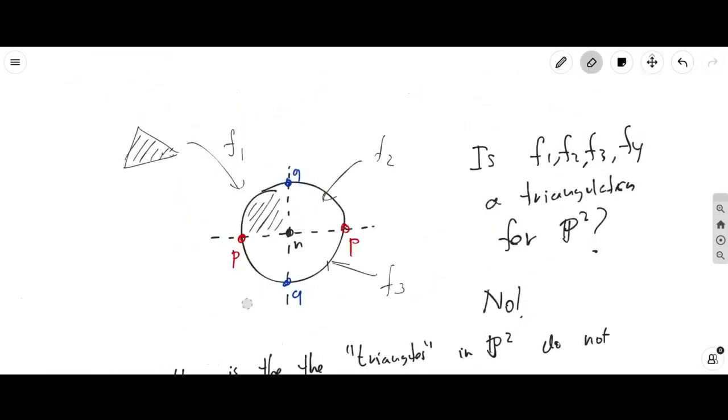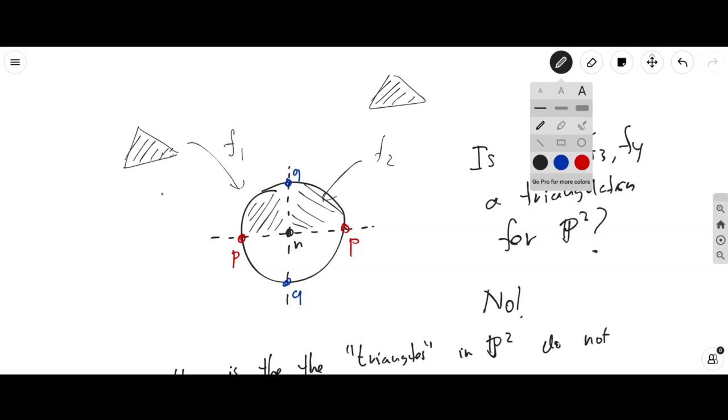Now, to show you what we mean, let's just look at F1 and F2. You're having this mapping, and then you're having this mapping. And then you have another mapping from this triangle. So this is the two-dimensional simplex, that's the two-dimensional simplex. How do they intersect? You will notice they have this common edge, right? So that would mean there's a common edge on this one, and maybe there's a common edge on that one.